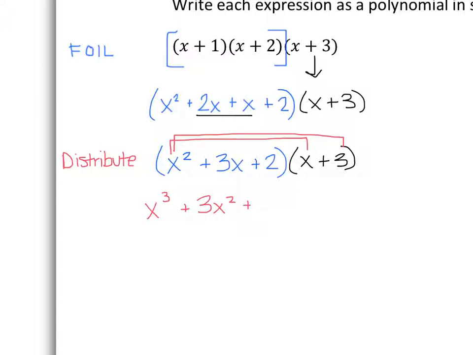So we're done with x squared. Now we move on to 3x. 3x times x. It's 3x squared again, because there were 2 x's multiplied. 3x times 3. It is 9x, very good.